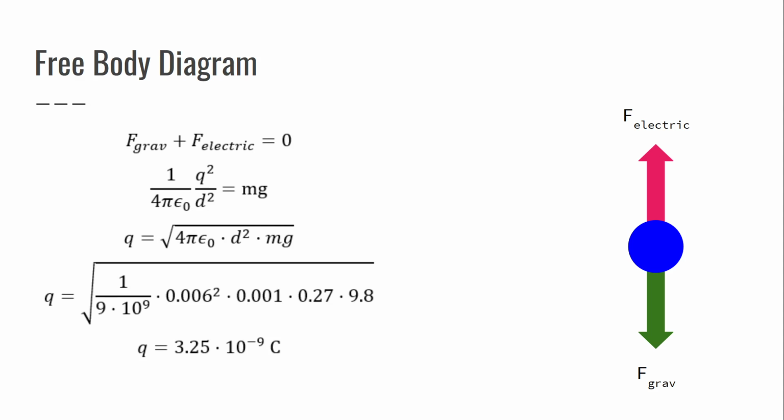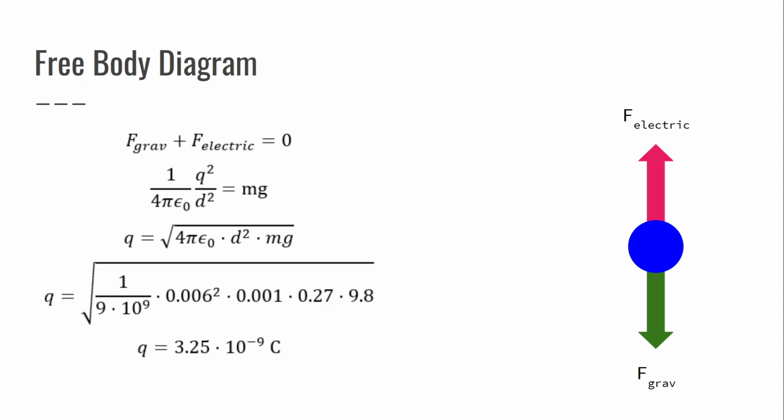Modelling the tape as a point particle and assuming the U-tapes have equal charge, we're able to use the equations for electric force and gravity as seen here. We can rearrange for Q, which equals the square root of 4 pi epsilon 0 times the separation squared times the mass times little g.